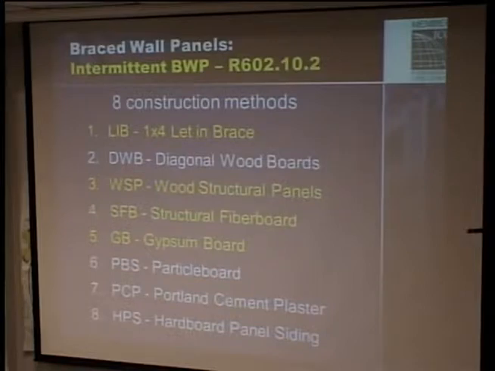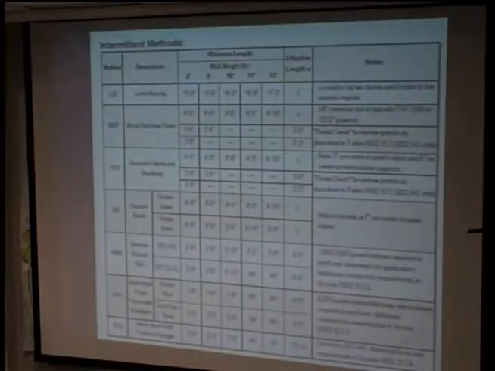As you can see, there are 8 different intermittent methods that the code allows you to use. Your intermittent methods consist of all of these right here, and I think that's on that back sheet there, maybe on the front side of that back sheet, part of that chart, showing you some information about that. So LIB is lead-in bracing.